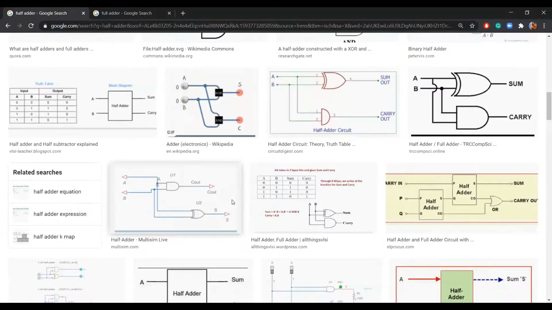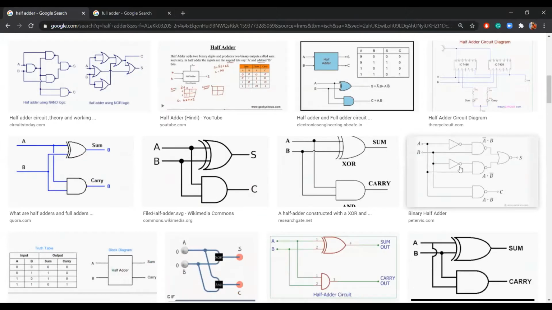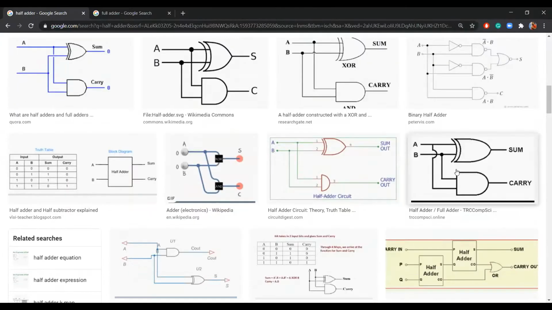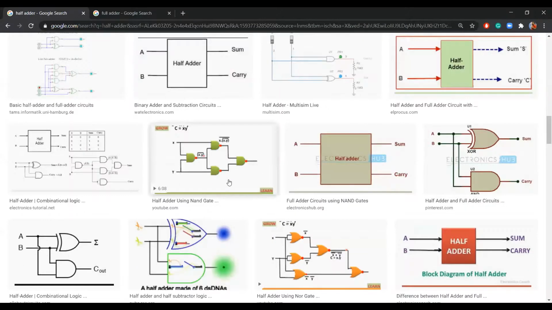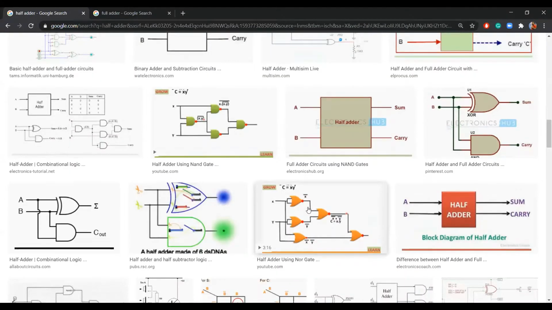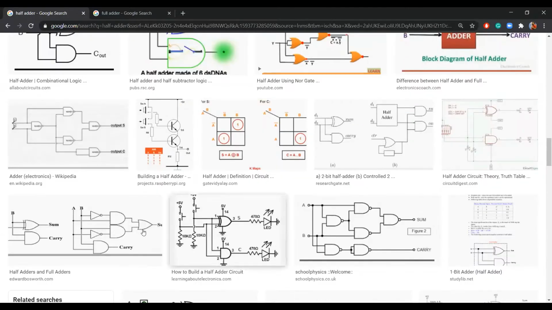Now let's have a look at these half adders. These are half adders made up of NAND logic, and this is made up of NOR logic. This is the one that we have studied, the way they were shown. This one is a bit different. Over here, NAND gate based, they are different. Over here, these are NOR gate based. They are different. You can see they both are the same, but still their shape is different.